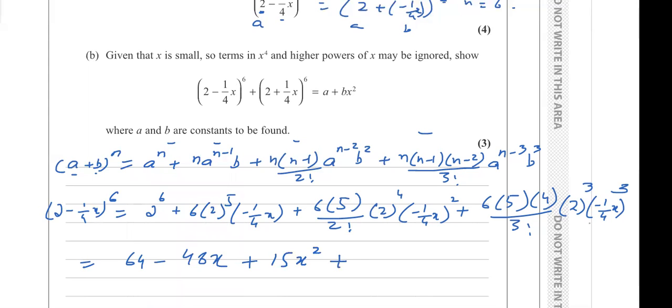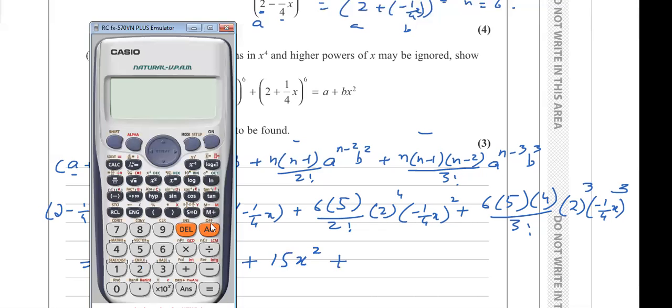And then plus this part. Now I will solve how it will be. Again, I can use a calculator. 6 times 5 times 4 times 2 cube over 3 factorial, and then here, multiply with negative 1 over 4 cube.